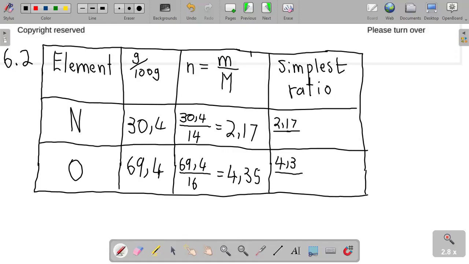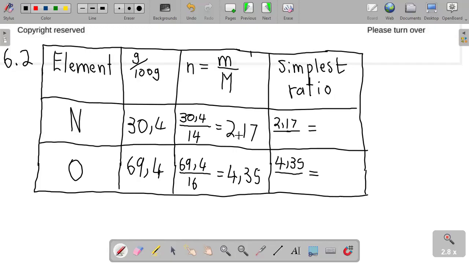Then how do we get the simplest ratio? We look at the number of moles and divide by the smallest number. We have 4.35 and we have 2.17, so 2.17 is the smallest number.